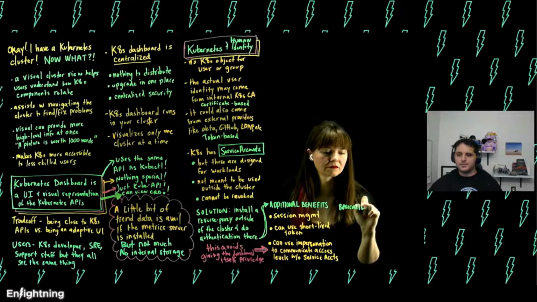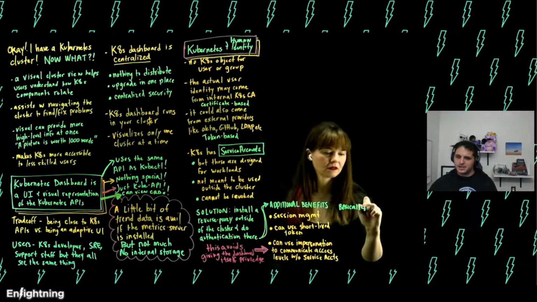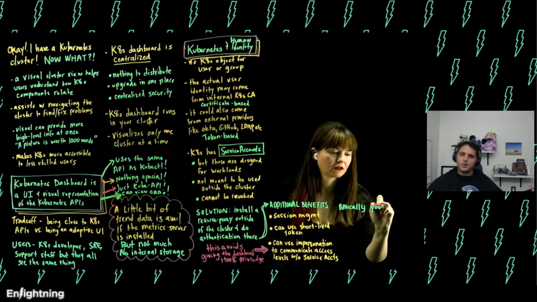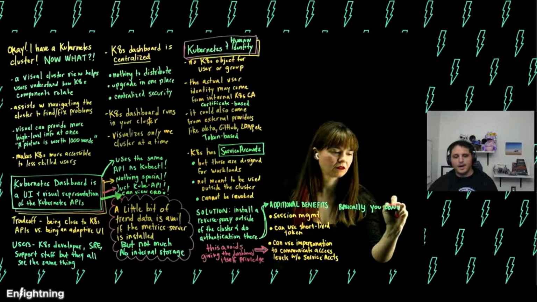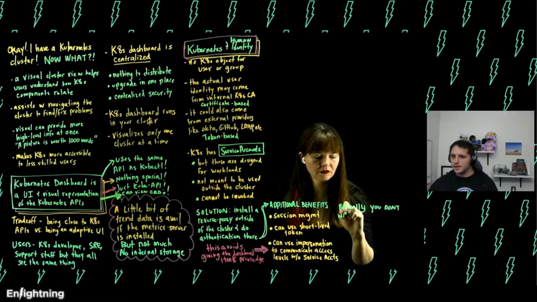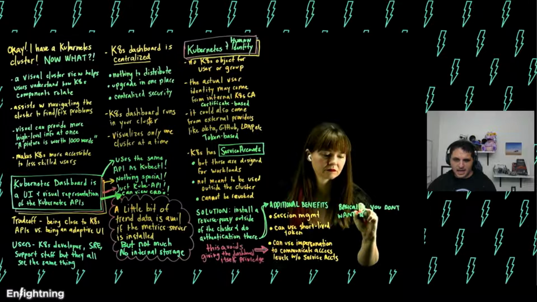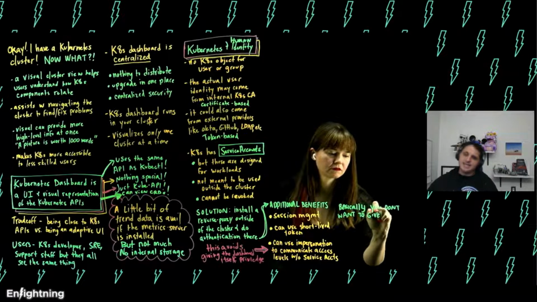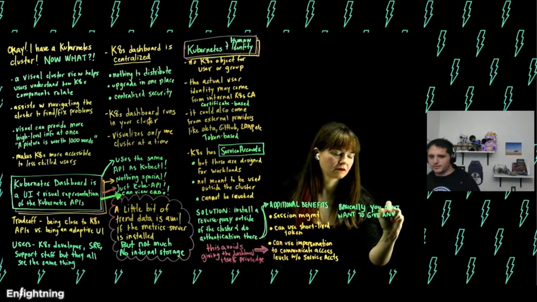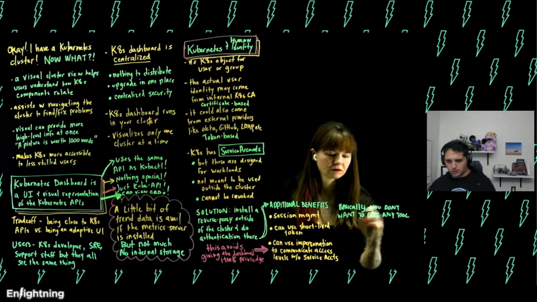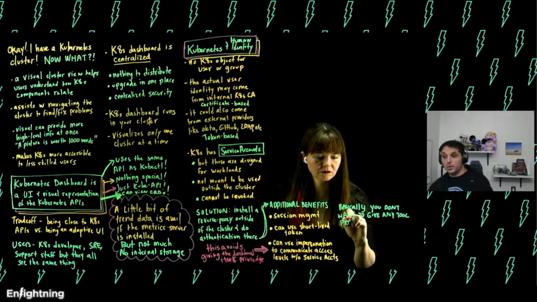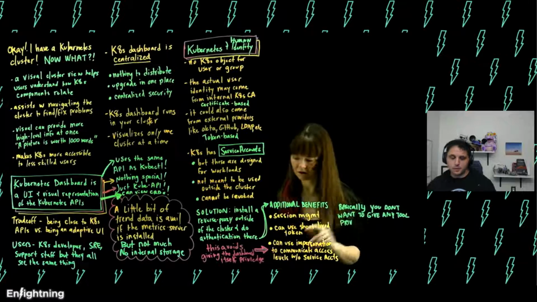Exact same set of problems. You need to be able to interact with the Kubernetes API on the user's behalf, and you don't want to give it privilege. Tekton has a dashboard. Again, exact same problem. You need to be able to provide that identity access securely. You're going to do it the exact same way as you do with the Kubernetes dashboard.